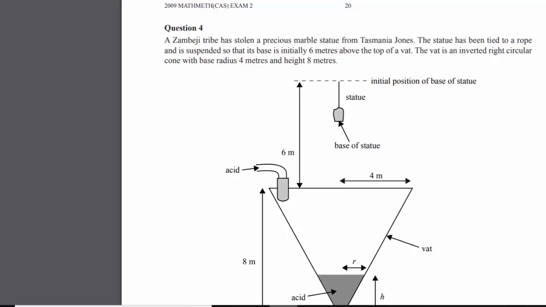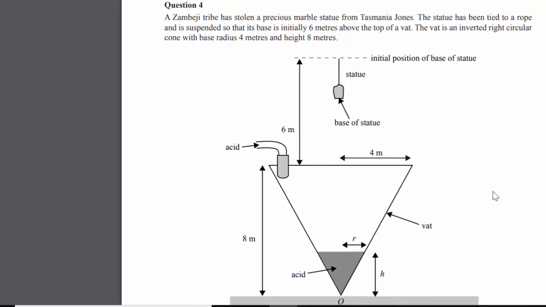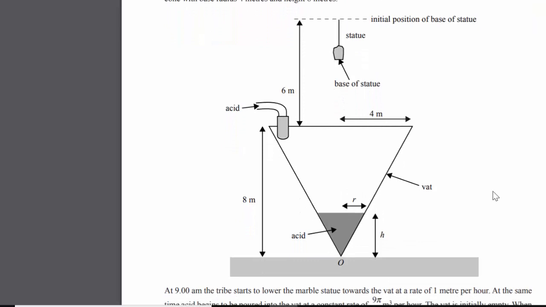But here's the question. So we have a Zambezi tribe with a precious marble tied to a rope, suspended 6 meters above the top of a vat. The vat is an inverted right circular cone with a radius of 4 meters and height of 8 meters.